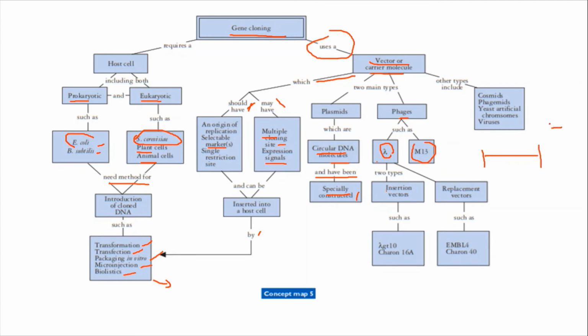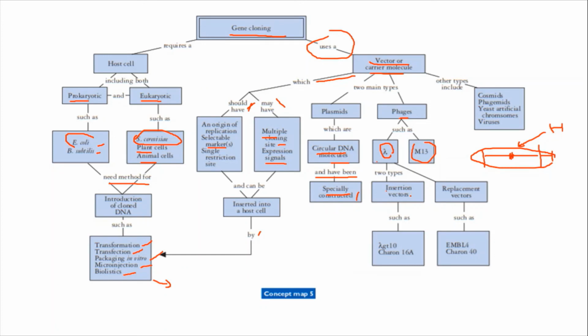Similarly, when the lambda genome has some segments deleted, and we replace the deleted segment using the recombinant DNA, it is called a replacement vector.